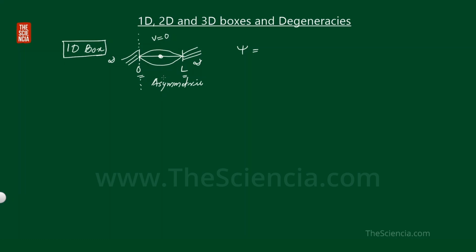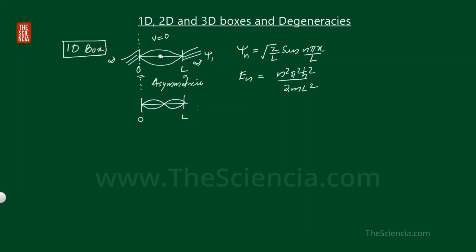So this is an asymmetric case, and we got the wave function psi n equal to root 2 by L sin n pi x by L, and the energy En equal to n square pi square h square by 2m L square. Here this one represents the first wave function, the ground state wave function psi 1. Suppose the length is the same, 0 to L, and the stationary wave is like this one.